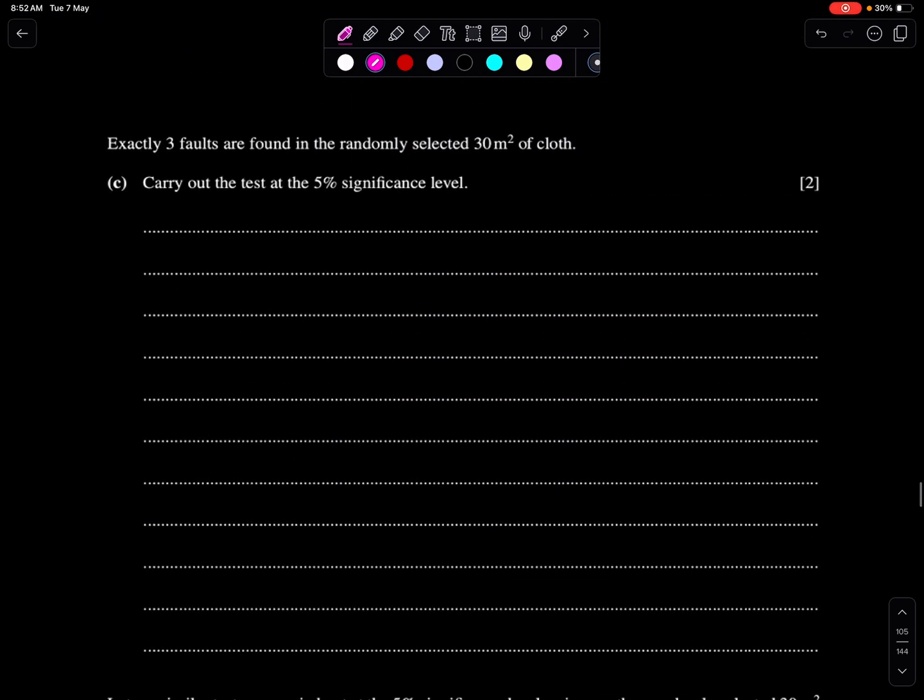Now, next point, exactly 3 faults are found in the randomly selected 30 meter square of cloth. Carry out the test at 5%. So this is very simple. You already have done this in previous part.